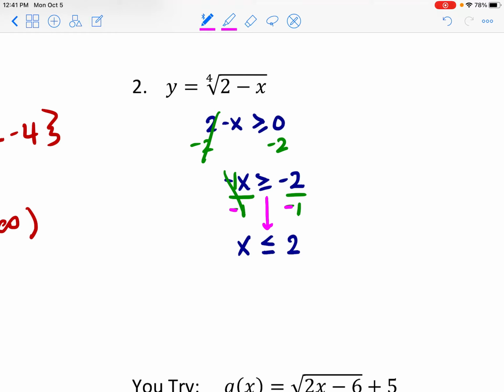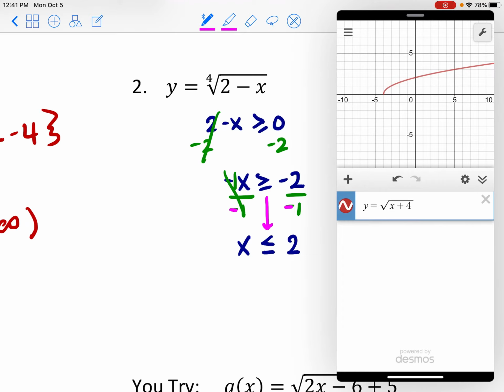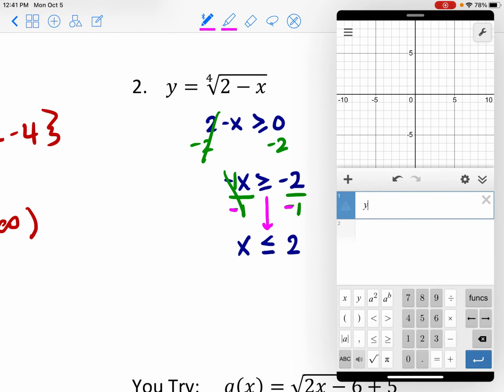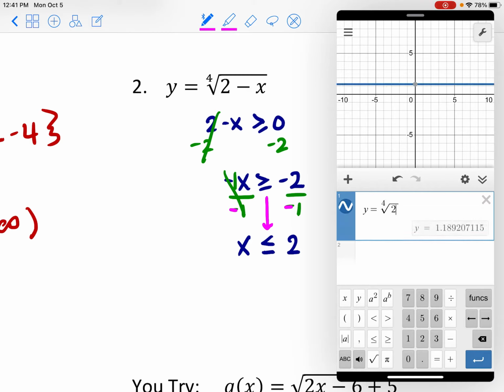Well, it has to do with the domain and the impact that a negative has in terms of transformations. So if this was a fourth root, y equals the fourth root of, let's say, 2 plus x. Okay, if that negative wasn't in there, then we're just shifting over 2, and we could see just like a square root, right?